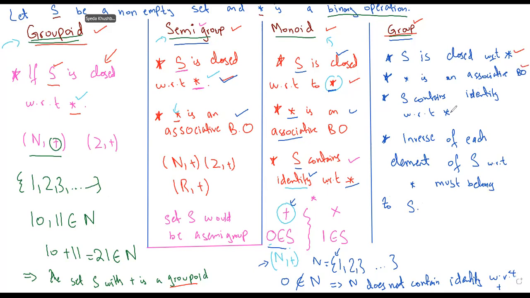S contains identity with respect to star. By this, we mean this and this. And the last thing is inverse of each element of S with respect to star must belong to S.